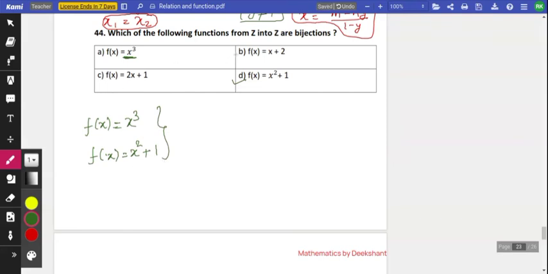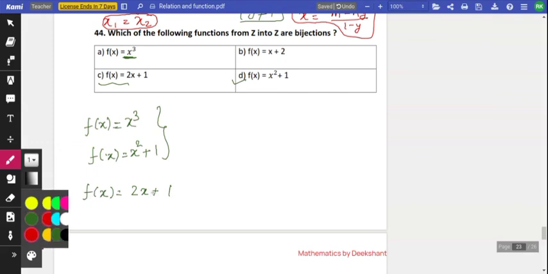Now we have to check option B and option C. Let us take option C. f(x) is equal to 2x plus 1.